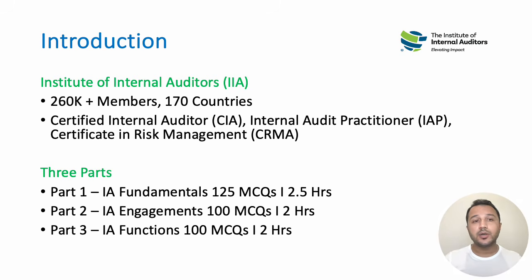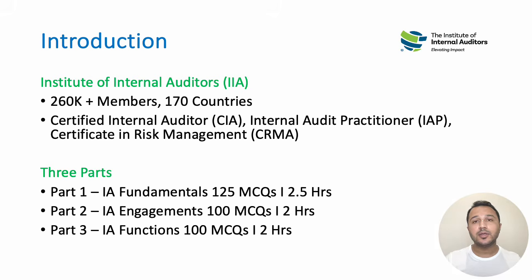CIA Part 2 has 100 MCQs and talks about internal audit engagements. In the first part we talk about the fundamentals, and the second part is more about the engagement, how you can perform an internal audit activity. It comprises 2 hours duration.